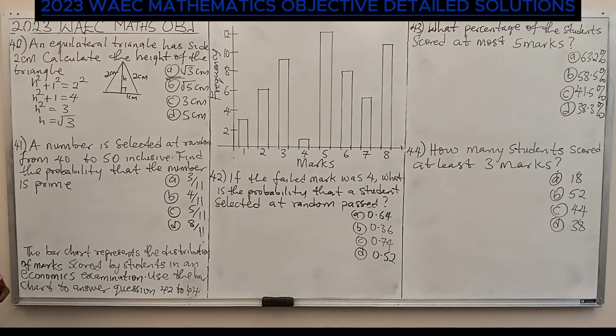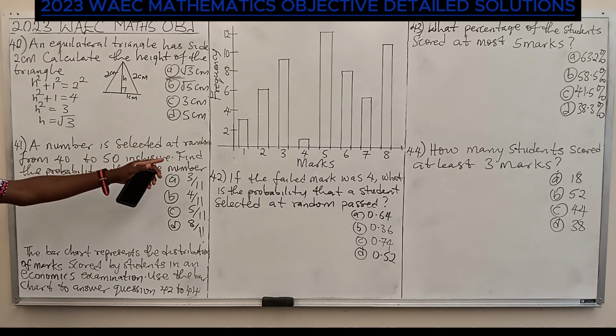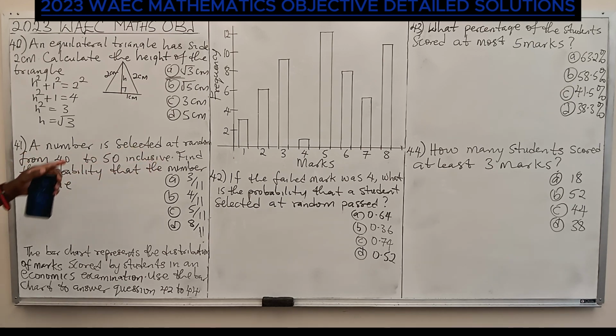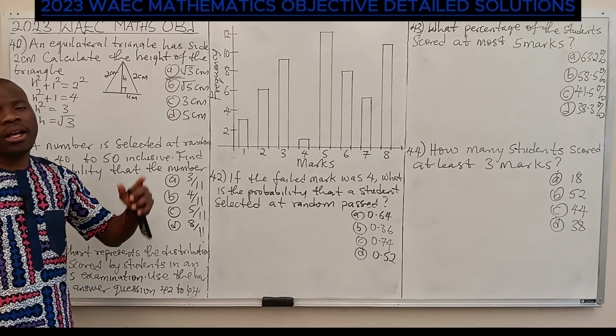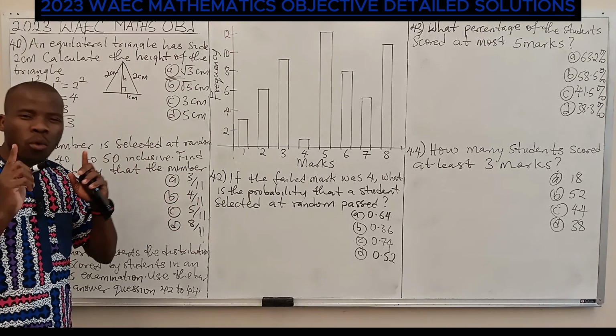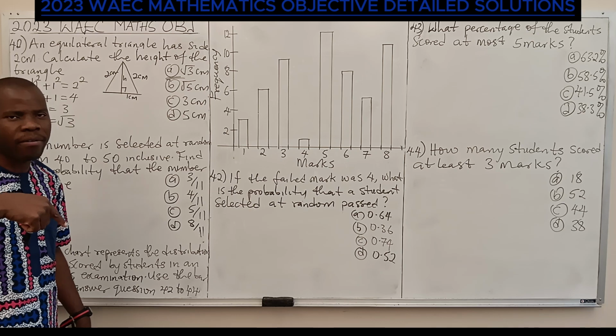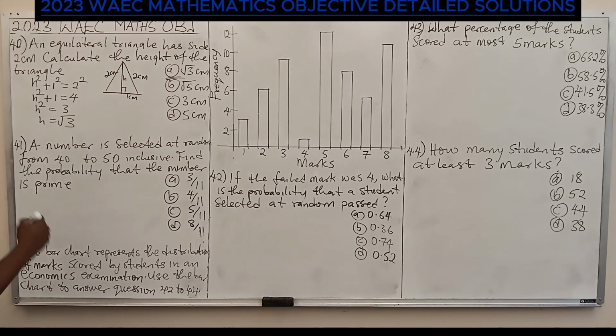Question 41 says, a number is selected at random from 40 to 50 inclusive. Find the probability that the number is prime. Prime numbers are numbers that have only two factors, itself and 1. So let's list the numbers.